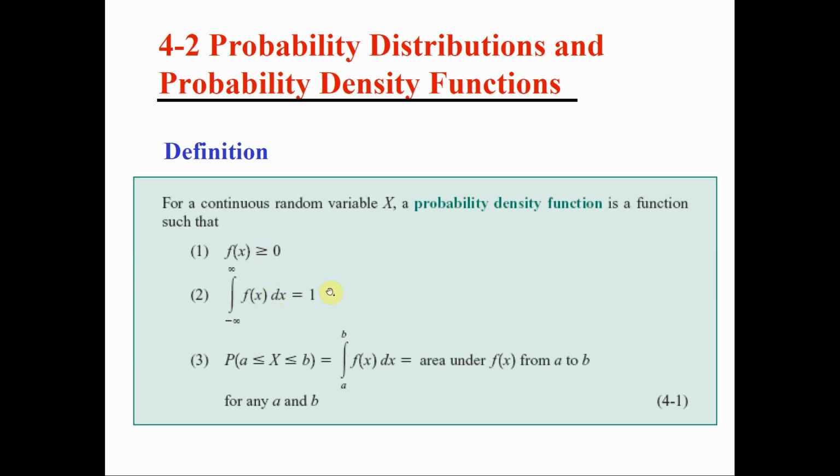However, in the continuous case, if you want to do a summation over a continuous range, that summation turns into an integration, as you know. So the integral over all values of the variable x from minus infinity to infinity in general is equal to 1. So this condition here is equivalent to the discrete condition of the summation of all function values being equal to 1. So bottom line, the sum of all probabilities is equal to 1.